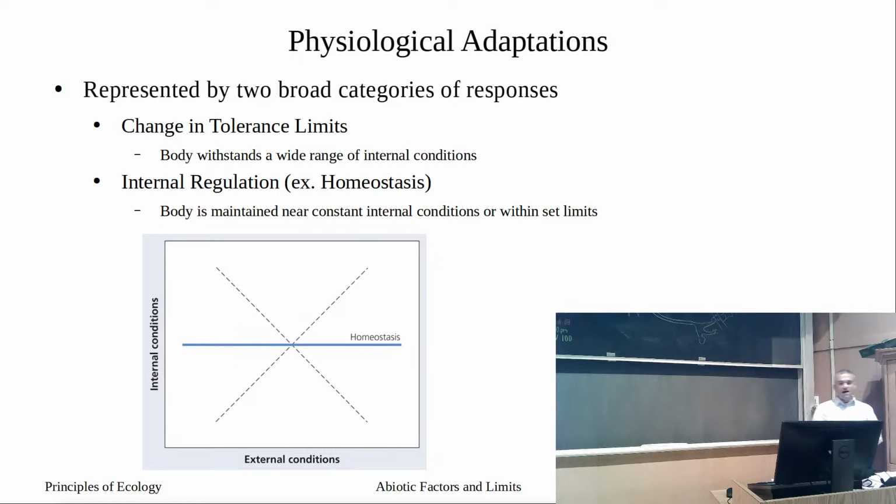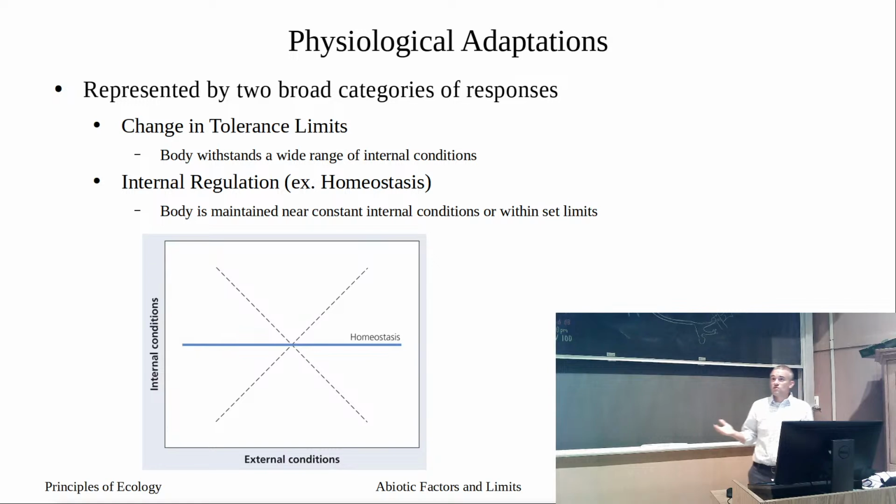You're allowing your body to basically tolerate those new conditions. And hopefully you're tolerating a wide range, the range that you're most likely to encounter. The other broad category isn't really shifting your tolerance limits, but rather maintaining your internal environmental conditions. So it matters less what's happening around us and more about maintaining a constant condition in our body.